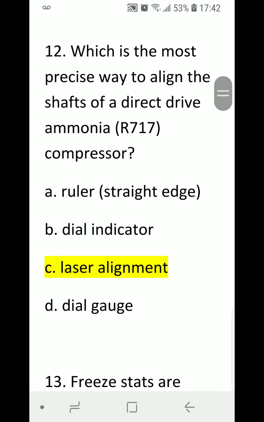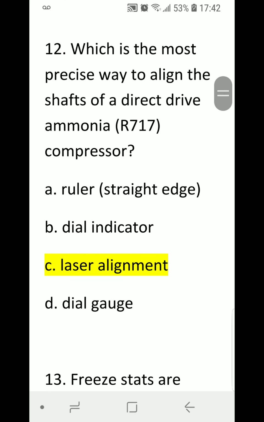Number 12. Which is the most precise way to align the shafts of a direct drive ammonia R717 compressor? A. Ruler or straight edge, B. Dial indicator, C. Laser alignment, or D. Dial gauge. Correct answer is C, laser alignment.